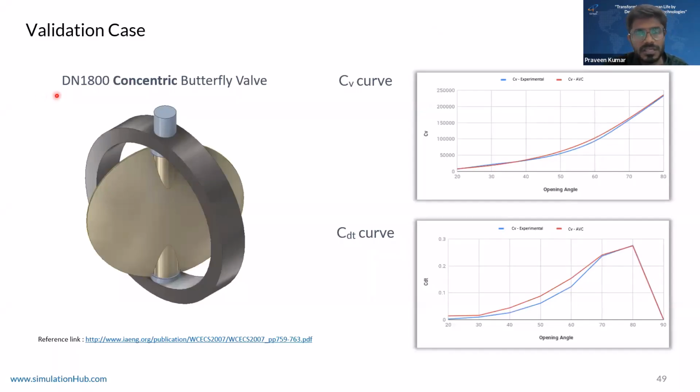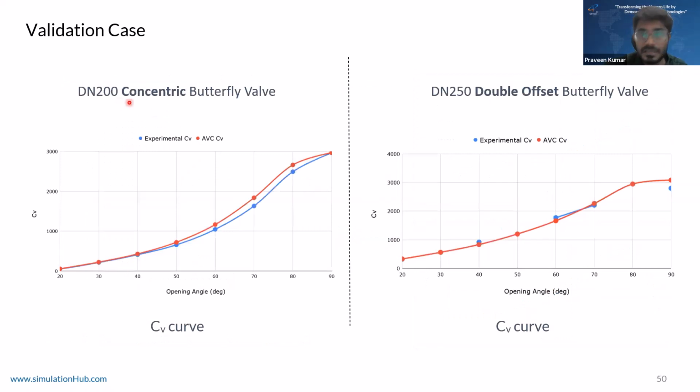Here you're seeing a DN 1800 valve, a very large size valve, for which the CV curve is compared between the experimental and AVC. It follows the experimental curve very closely. These are validation studies performed on real client data.